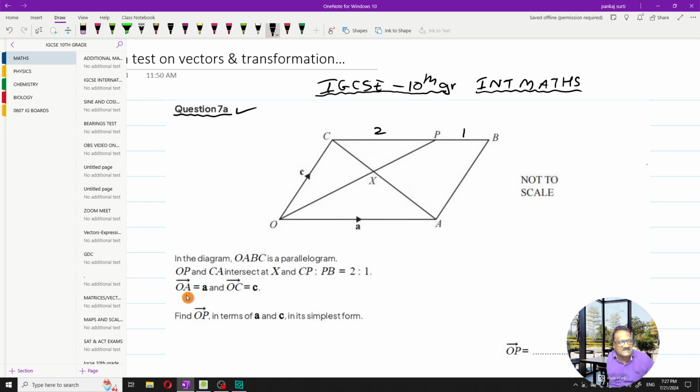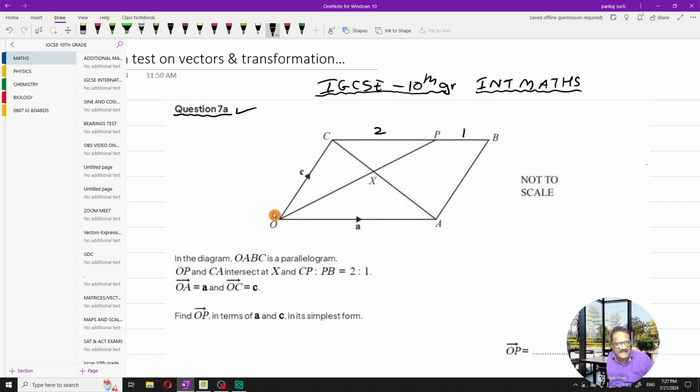Now, further he says that OA is equal to A. OA is the position vector of A. Can you see this point A over here? From O to A, if you draw a vector, that is your position vector A. Position vectors are always represented by small letters, and a position vector always has the initial point as the origin, O. So OA is equal to A, and OC is the position vector of point C. That is, OC will be equal to C, and that is written over here along with the direction.